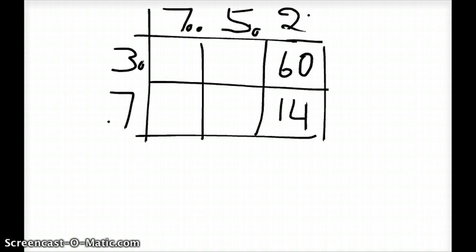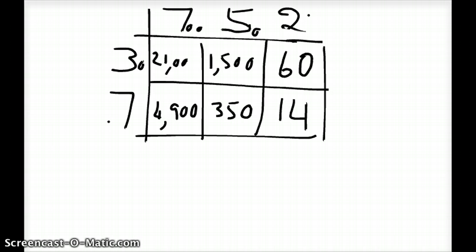Okay. 50 times 30 is 1,500. 50 times 7. Okay. 700 times 7. 700 times 30 is 21,000. And then I can add them all together. I can line them up.